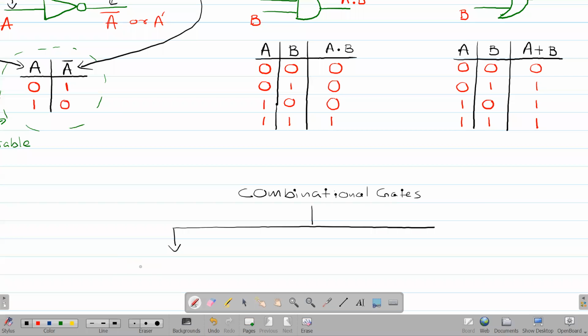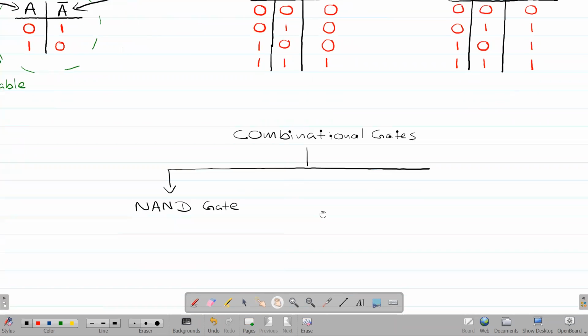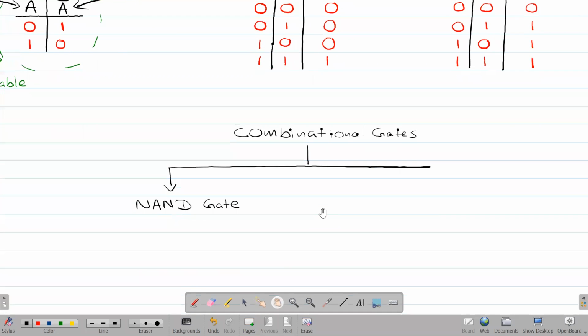The first combinational gate that you are going to learn is the NAND gate. First of all, I'll tell you how the NAND gate is formed.